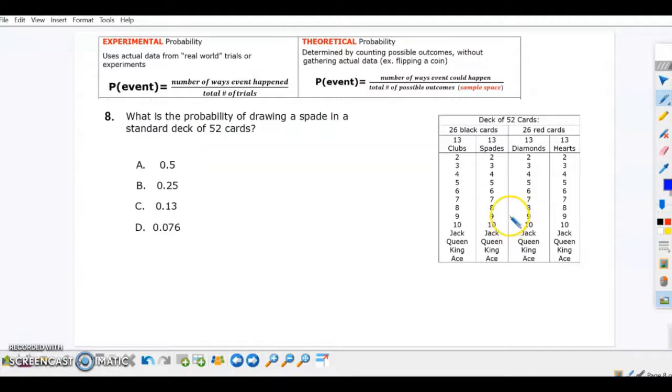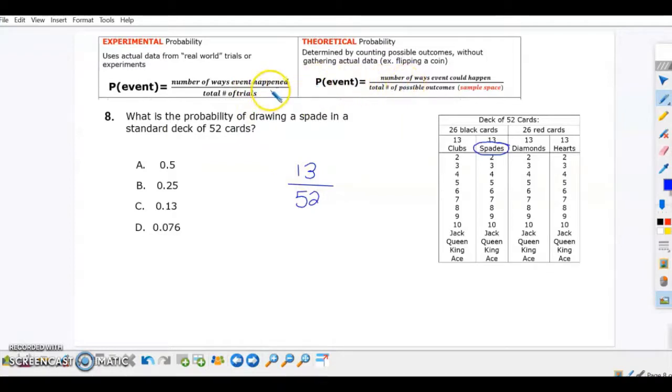Okay, number 8 says, what is the probability of drawing a spade in a standard deck of 52 cards, theoretically? So we would need to do the number of ways you could get a spade divided by the total number of possible outcomes. If you draw a card, the total number of possible outcomes in a 52 card deck is 52. And what is the number of ways of getting a spade? That would be 13. So really, these are very similar.